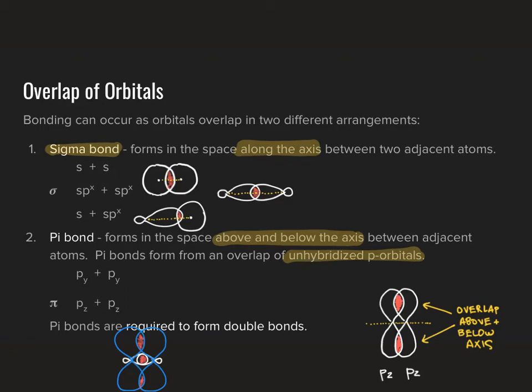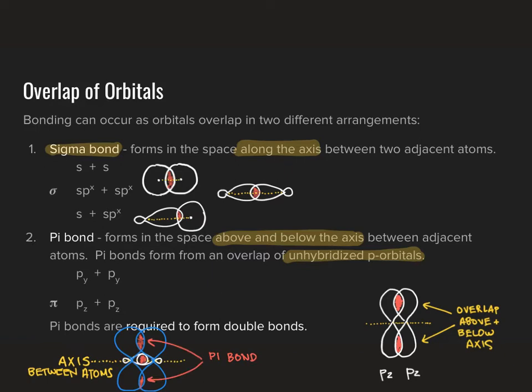So again, sigma bonds form along the axis between the two adjacent atoms, pi bonds above and below the axis between the two adjacent atoms. Pi bonds must occur between p orbitals. Sigma bonds have a little bit more flexibility: either between s orbitals, spx hybridized orbitals, or some combination thereof.